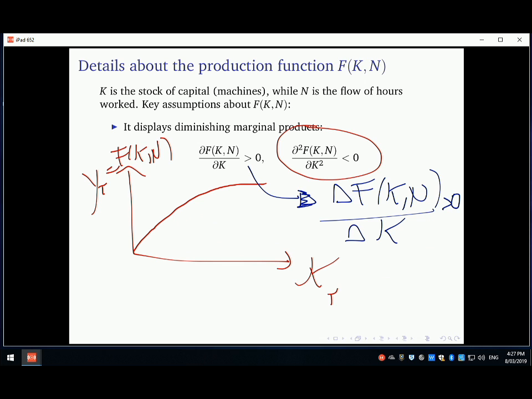Just think about a concave production function that intuitively in your mind has this concept of diminishing returns. Because if you keep adding machines, given the amount of workers, production won't increase all the time as much as it would increase at the beginning, right? So that's an important and very sensitive way to think about the world.